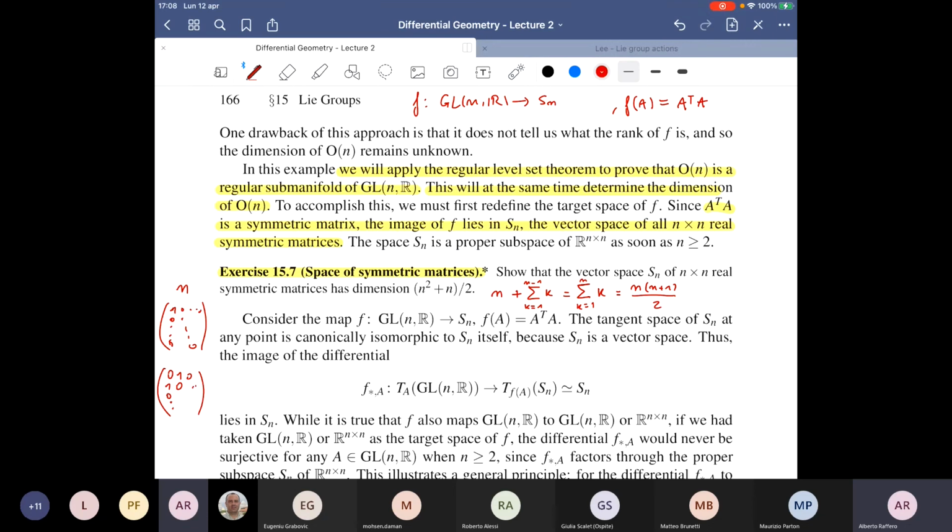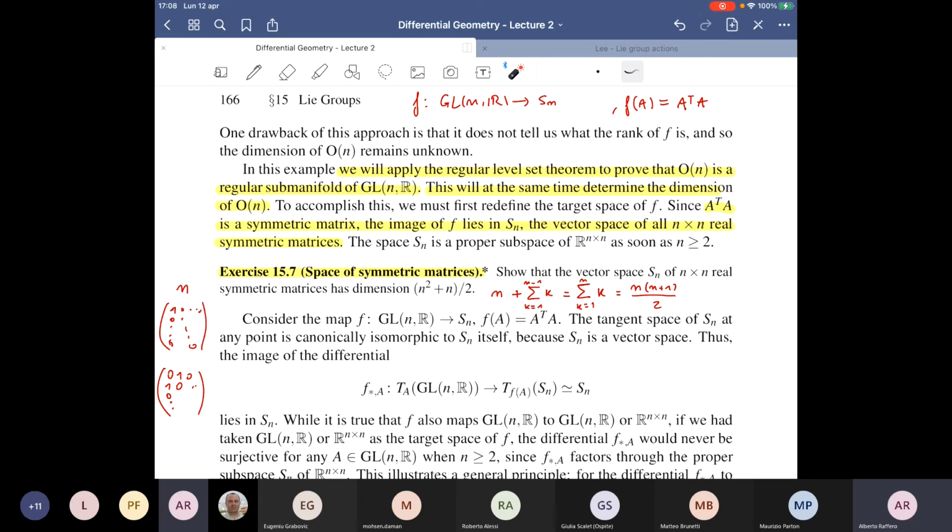And how many matrices of this form do you have? You have the amount of entries in the upper triangular part of the square matrix, so it is the sum of all numbers from 1 to n minus 1.